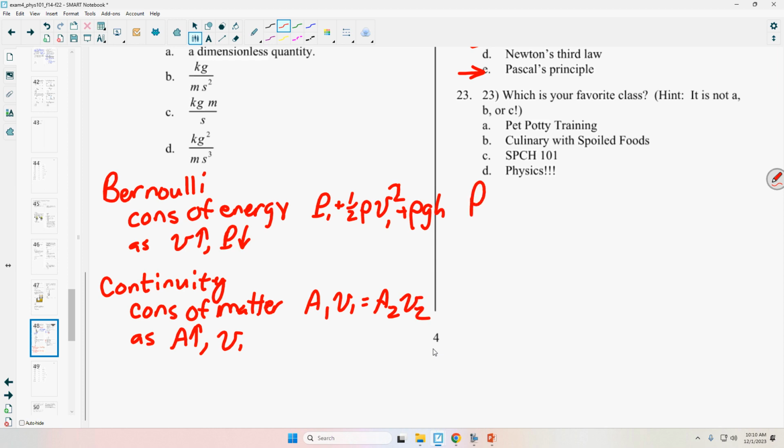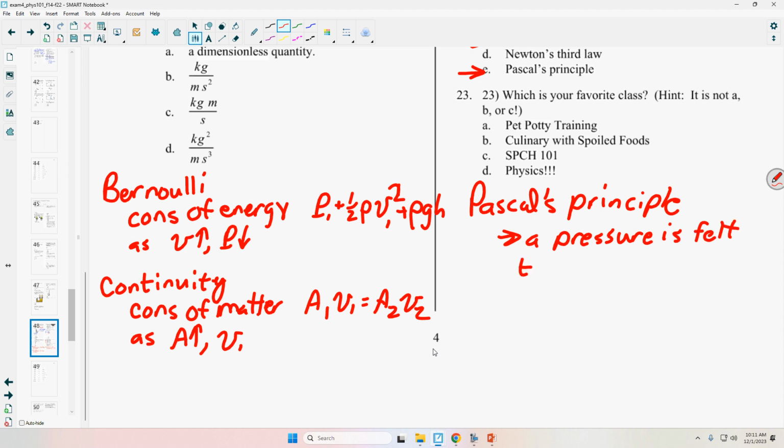Pascal's principle says that a pressure is felt throughout an incompressible fluid.